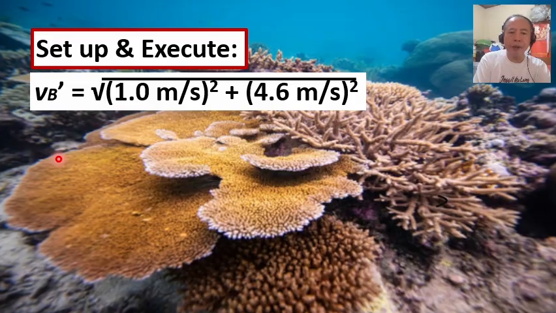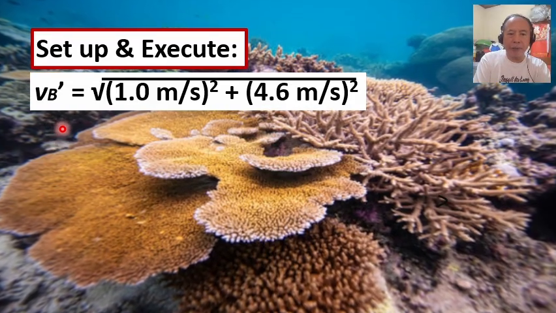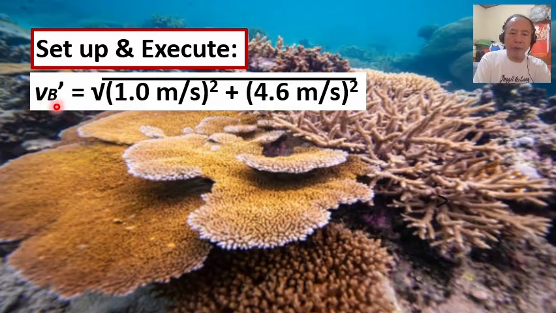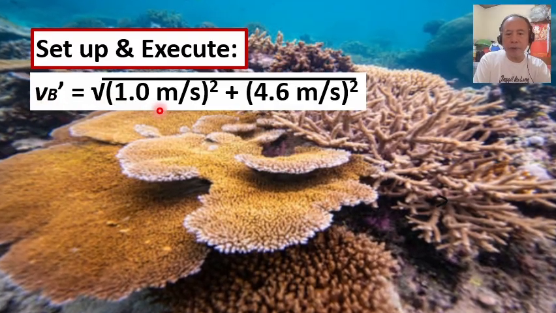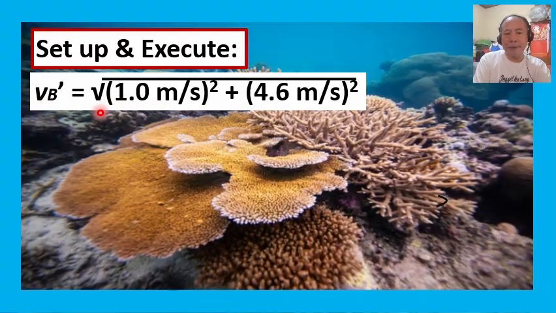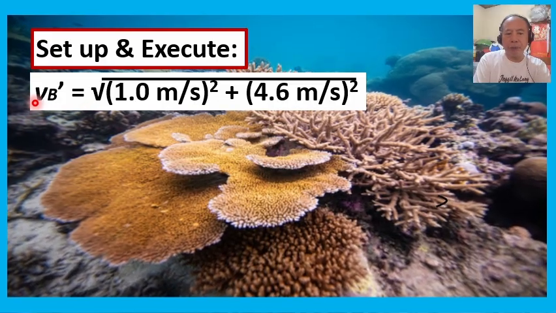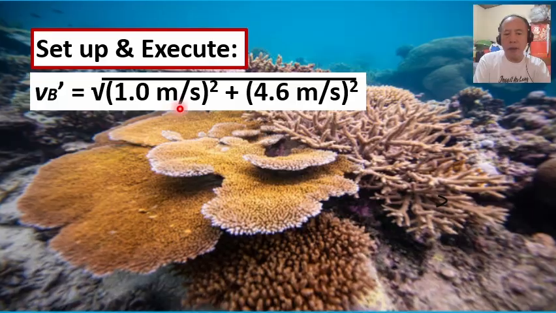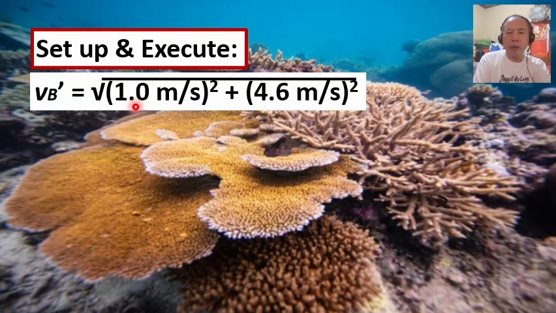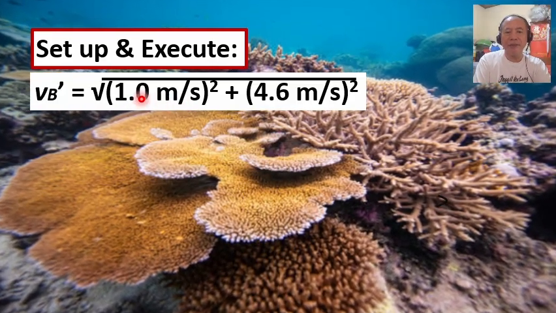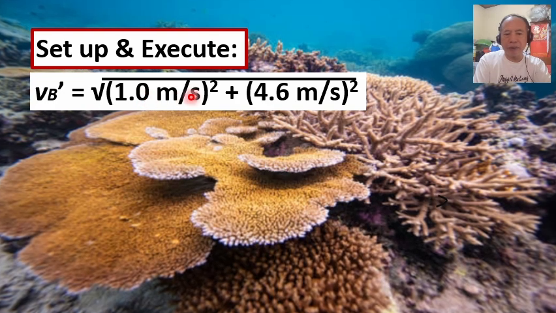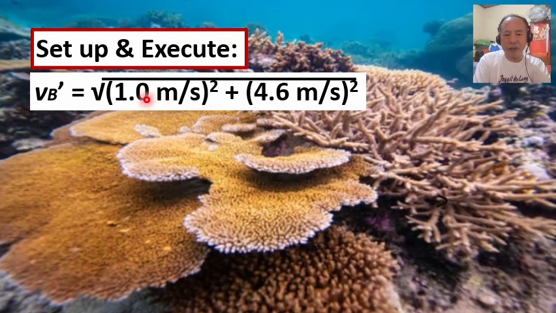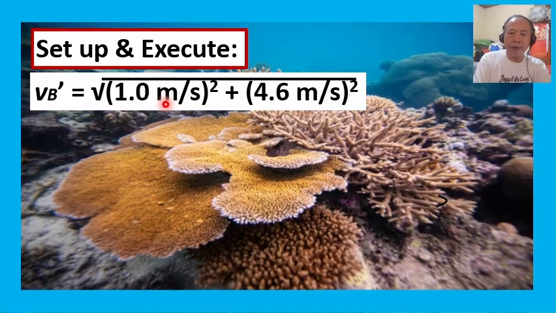Computing the final velocity of particle B just after the collision, that is b sub b prime, we use the Pythagorean formula. That is, b sub b prime equals the square root of the square of 1.0 meters per second, which actually represents the y component of the final velocity of particle B, right?